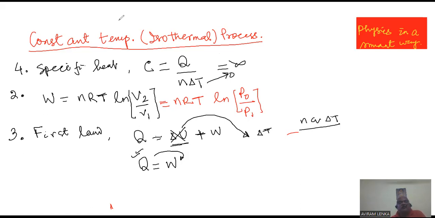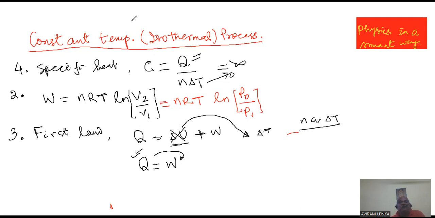That gives an impression as if the body is a great hole. You are adding heat, but temperature doesn't change. So that shows the body as if it is so massive. You are adding heat, but heat is simply getting lost within the body. That is the idea of the specific heat here.